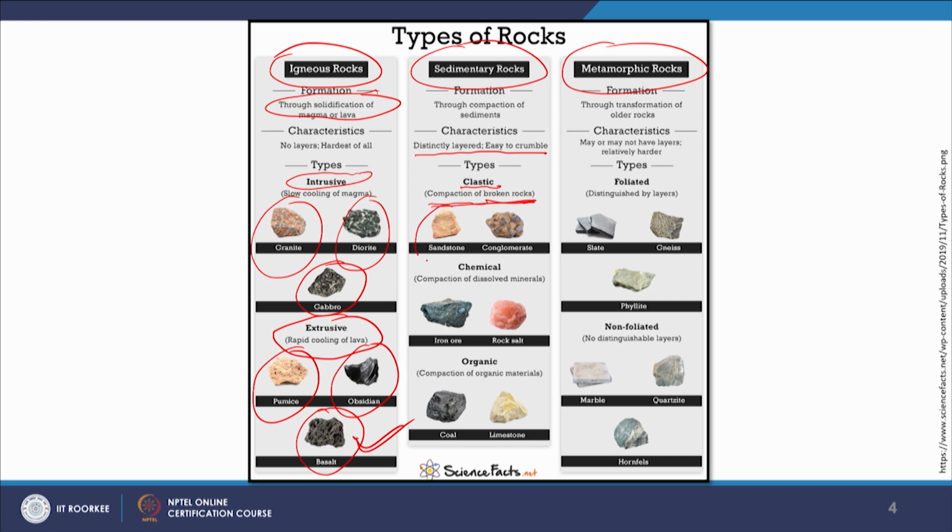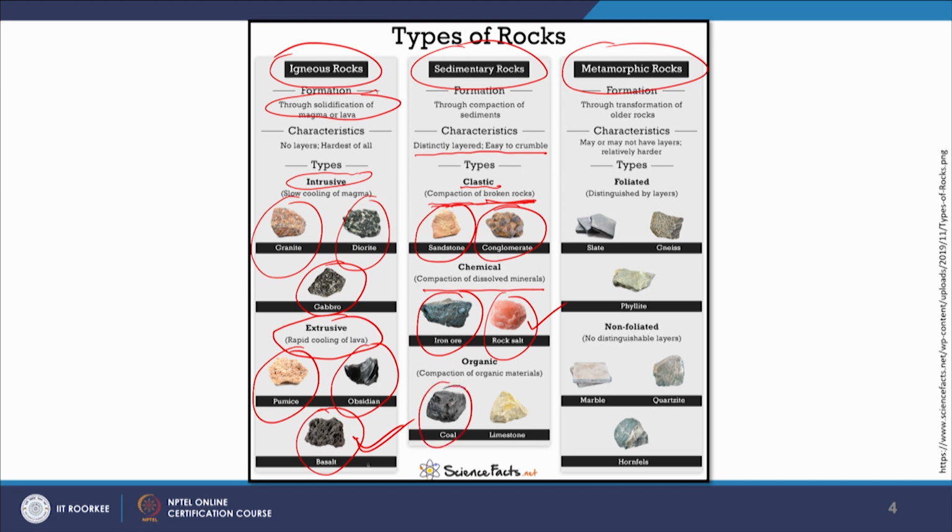The very famous sedimentary rocks are sandstone, and conglomerate, which has big boulders or pebbles, and then there are chemical compositions which are dissolved material, like iron ore. You can have rock salt, which is again consumed in our households, not common salt but rock salt.